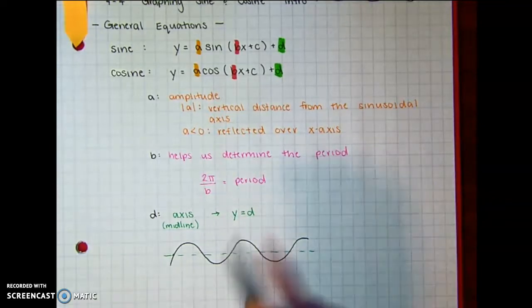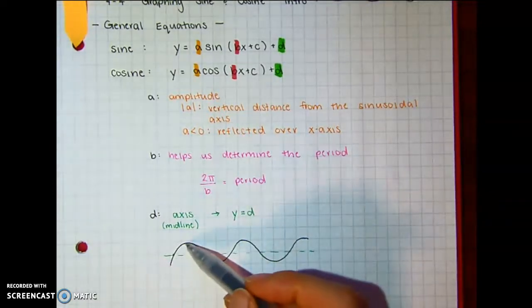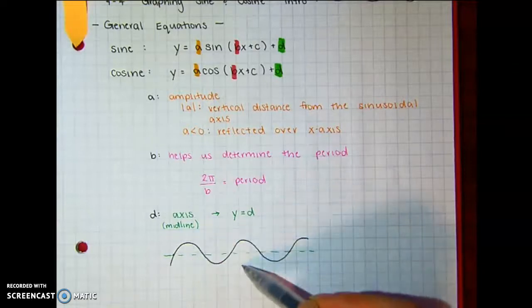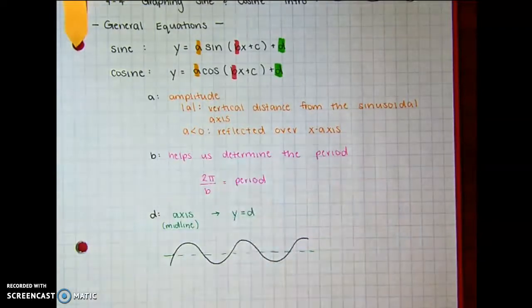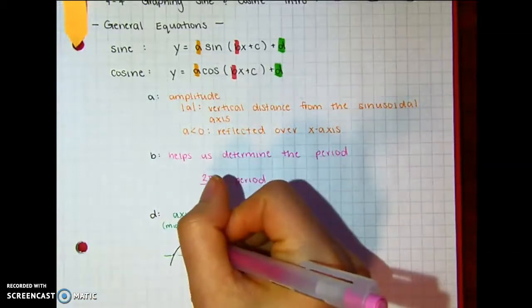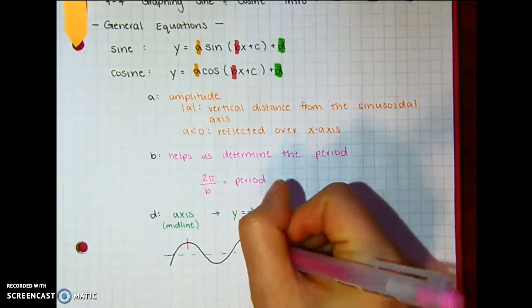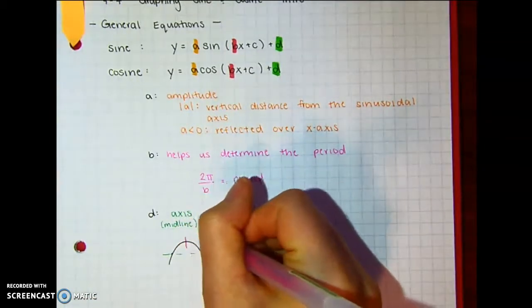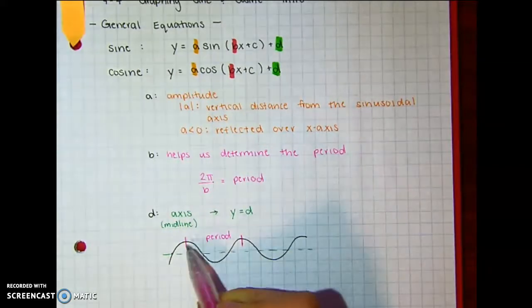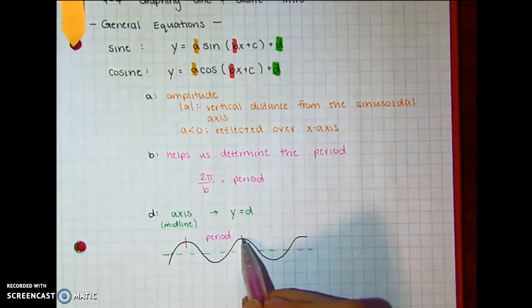The distance between the patterns is going to be the period. So from max to max is a period. It starts up and then it starts to repeat again.